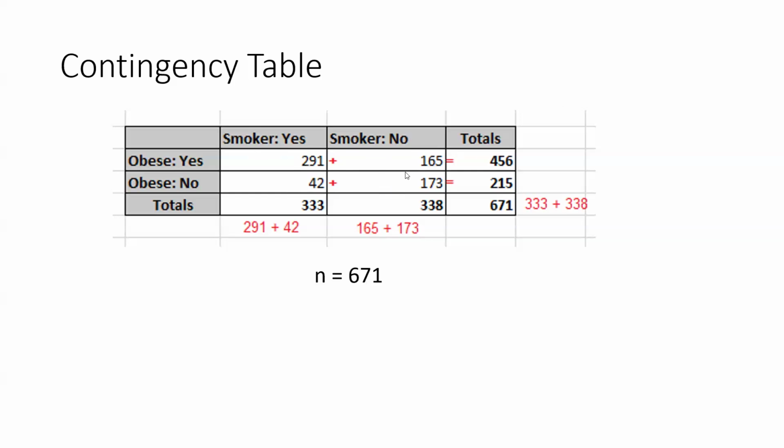So 291 plus 165 plus 42 plus 173 will bring you to 671. 671 unique individuals, unique observations, or unique elements within our series.